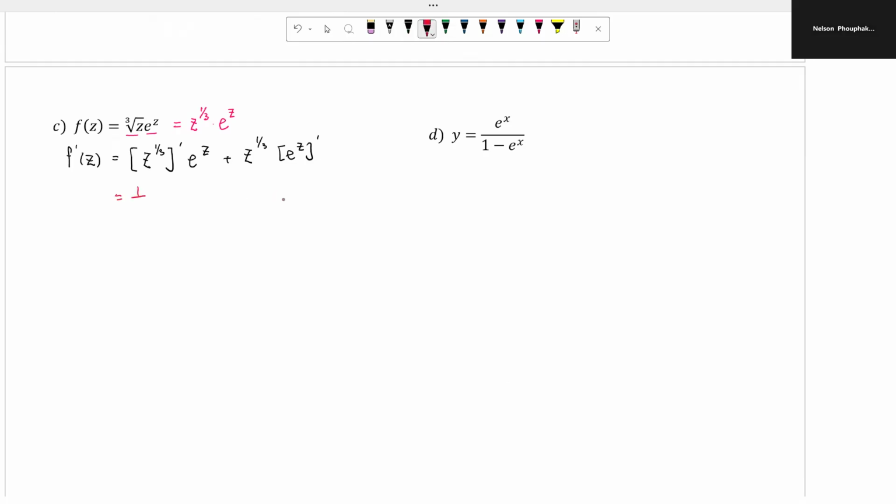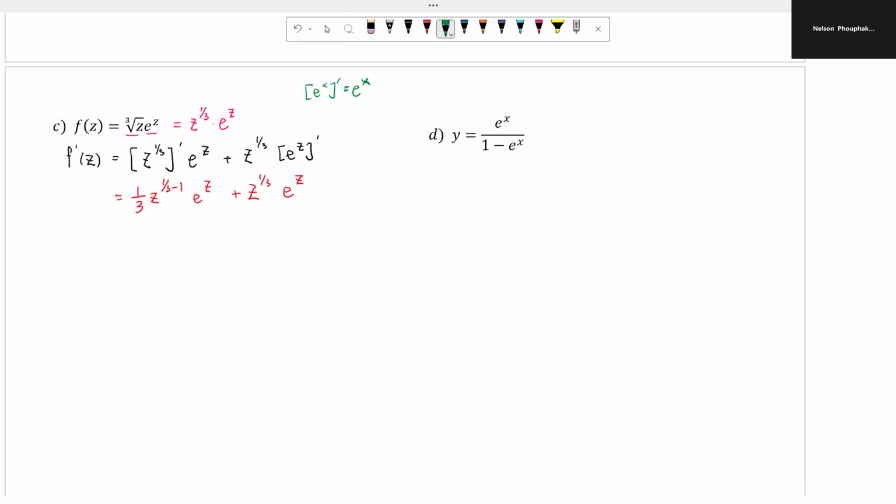And now it will be 1 over 3 z to the 1/3 minus 1 times e to the z plus z to the 1/3 times e to the z then. Again, remember the derivative of e to the x is just e to the x, right? The derivative of exponential functions.